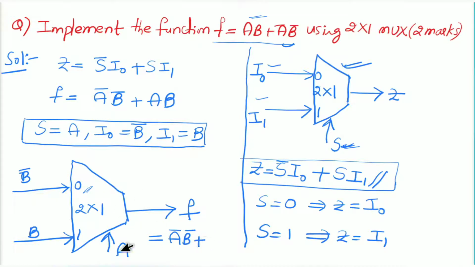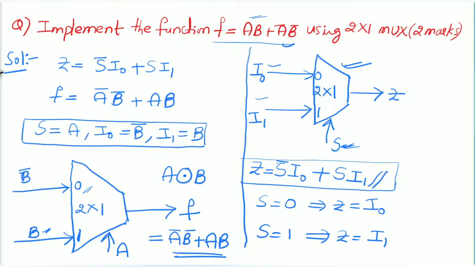Whenever A is 1, the output is connected to this line, that is B. So this is the expression we got with this kind of connection, and this expression is nothing but your A XNOR B.